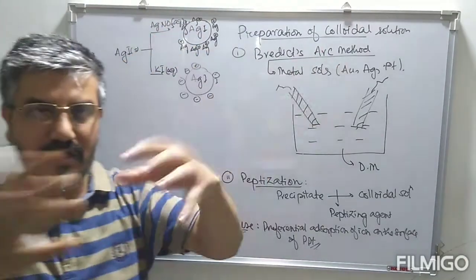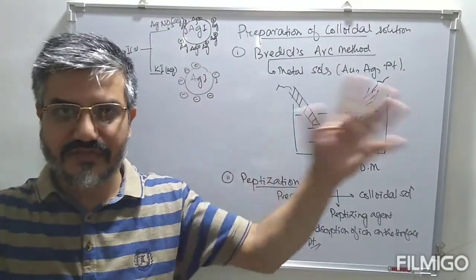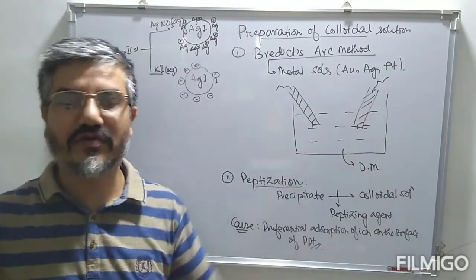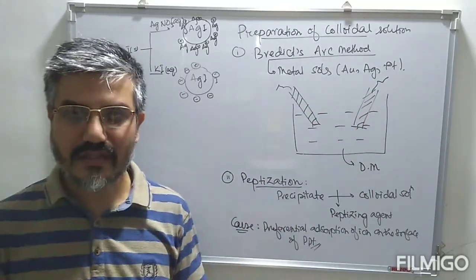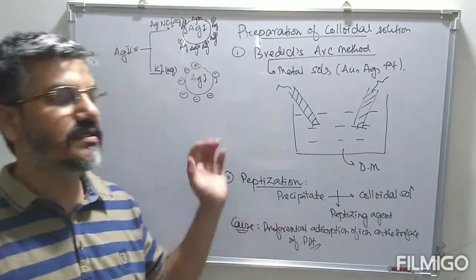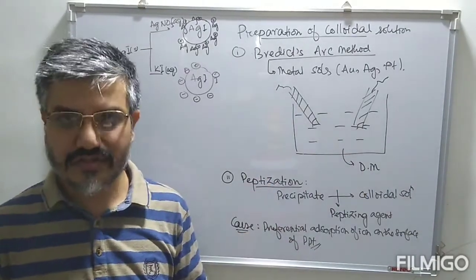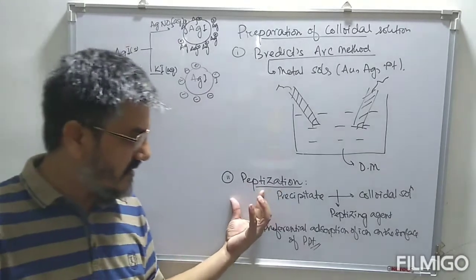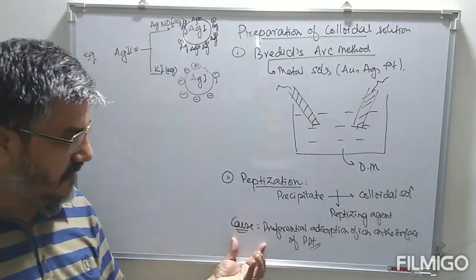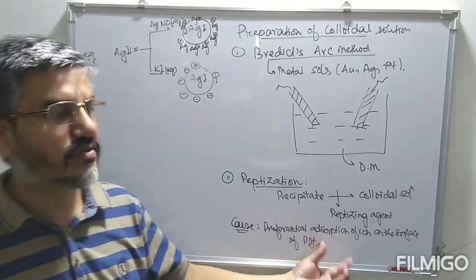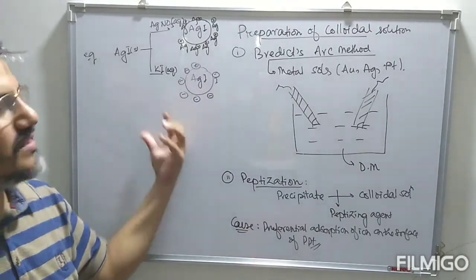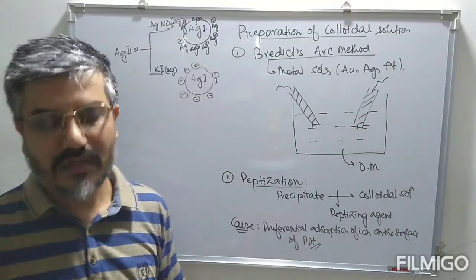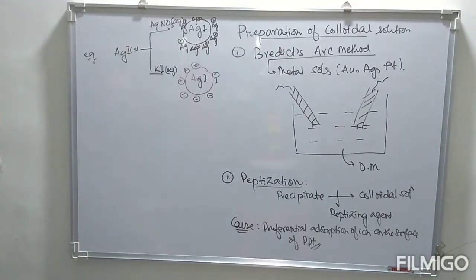These same charges cannot come close, so there's a repulsive force. Because of this constant repulsion, the particles are in constant motion and cannot settle down. As they cannot settle down, this results in the formation of the colloidal solution. So peptization, selective preferential adsorption, is also responsible for the non-settling property or the stability of the colloidal solution.